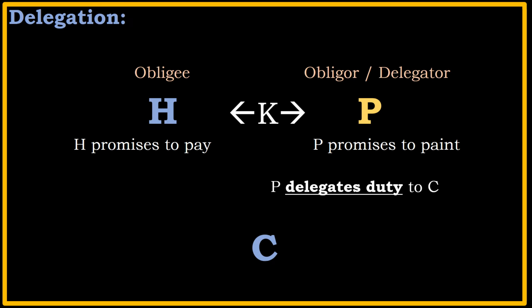Painter is the obligor. Homeowner is the obligee under the contract. Painter is also the delegator because she has delegated her contractual duties to C. And here, C is called the delegate or the delegatee.